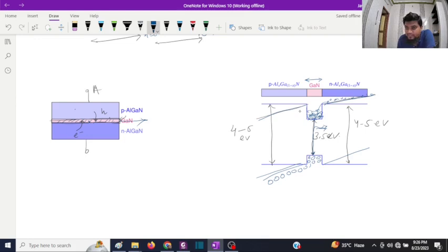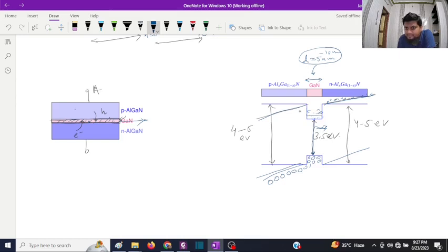However, if you make it a quantum well, meaning the thickness D of the gallium nitride is approximately 5 to 10 nanometer, then the energy levels here will no longer be continuous, but you will find very well defined energy states.